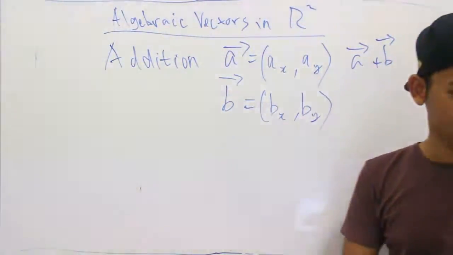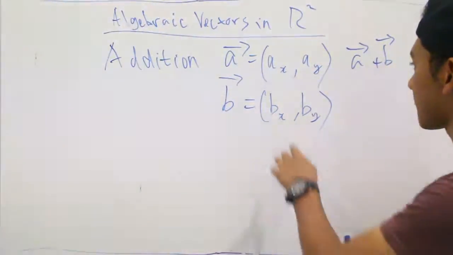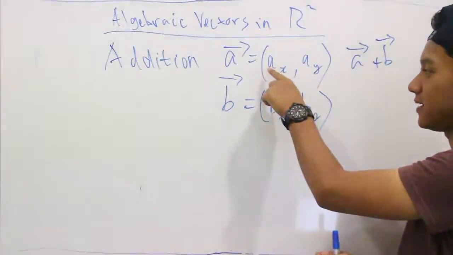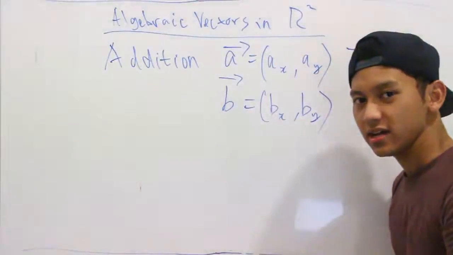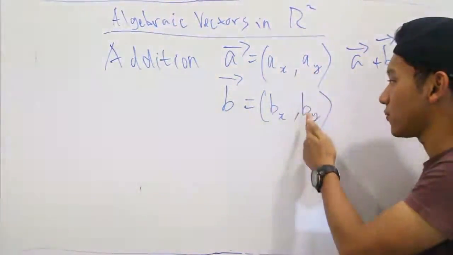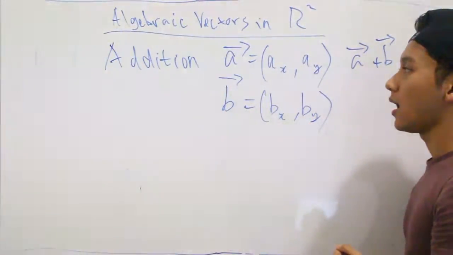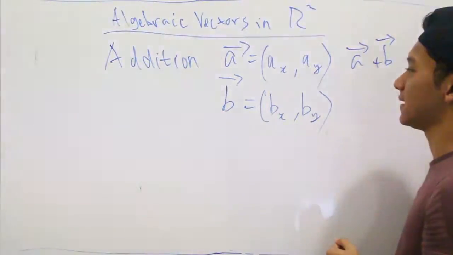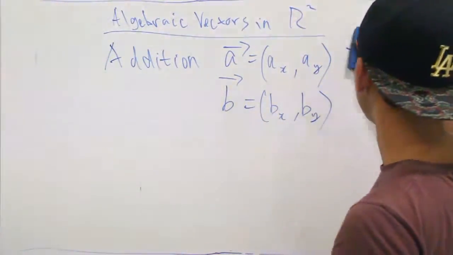We can do this by adding the X coordinate of A and the X coordinate of B to find the new X coordinate, and by adding the Y coordinate of A and the Y coordinate of B to find the new Y coordinate of A plus B. Let's use numbers so it's easier.